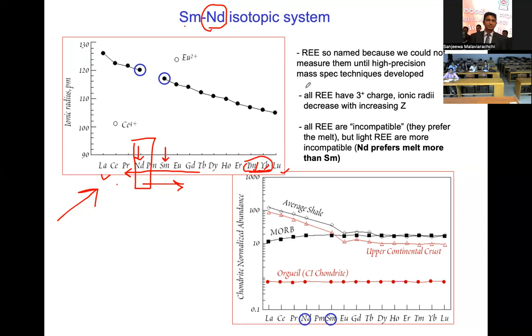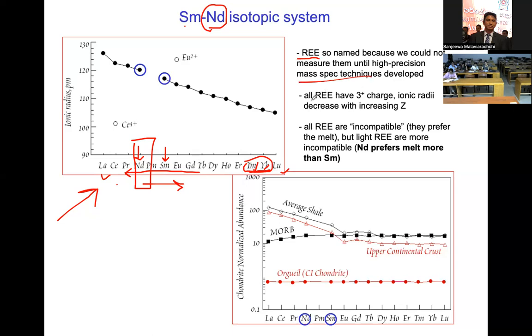But in any case, I just want to remind you, rare earth elements are less abundant in rocks. They are rare, so that's why we call them rare. Also, we were unable to measure them until the mass spectrometer was developed, because we had only the XRF technique. XRF cannot measure rare earth elements because their concentrations are so low. That's why we call them trace elements or rare earth elements.